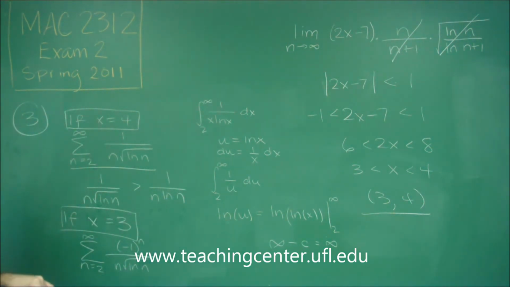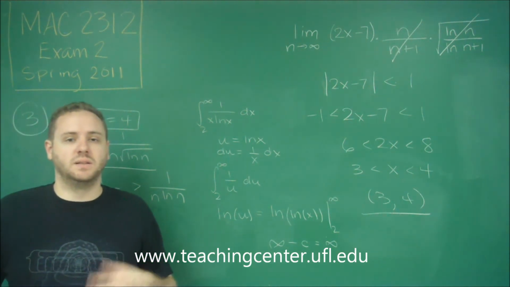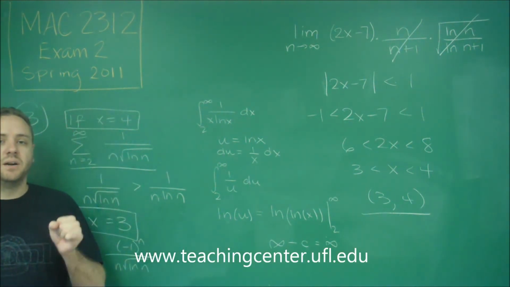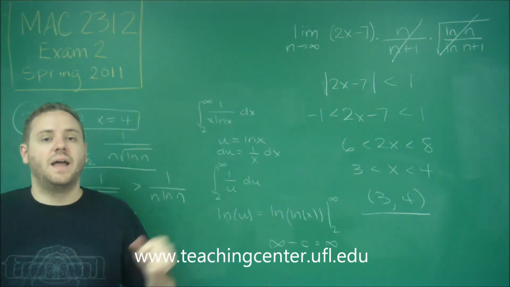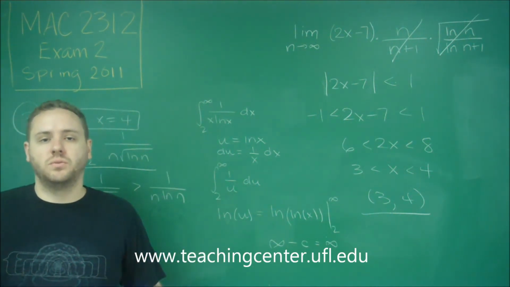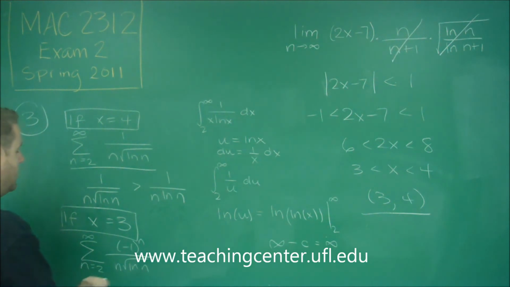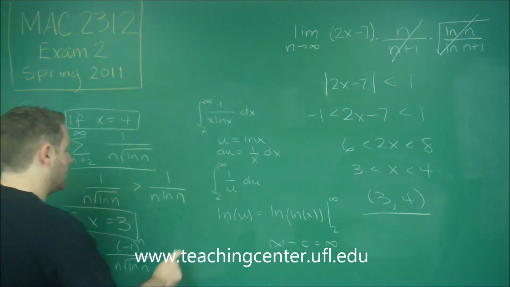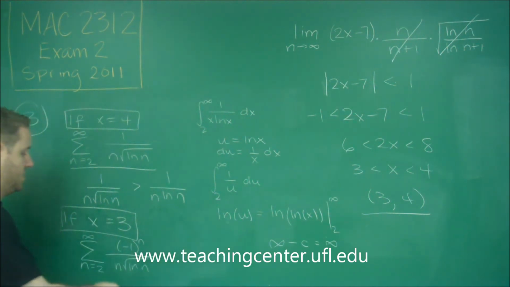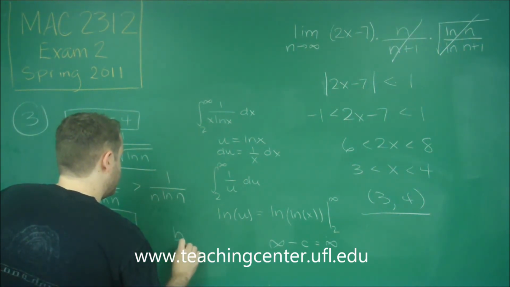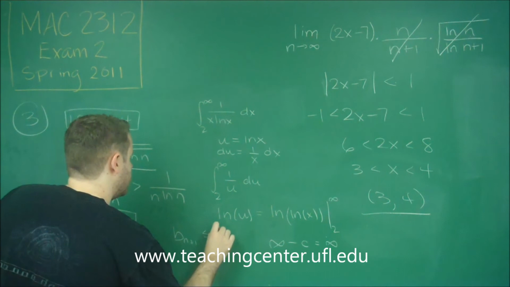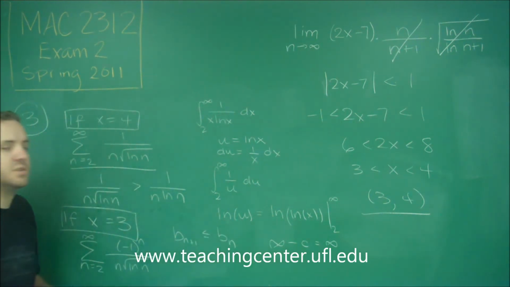By the alternating series test, remember all you need to show is that the limit as n goes to infinity of your series function is 0 and that every subsequent term is smaller than the one before it. So let's check our b sub n, which is the part of this series that doesn't have the alternating part. b sub n plus 1 needs to be less than or equal to b sub n for all terms.